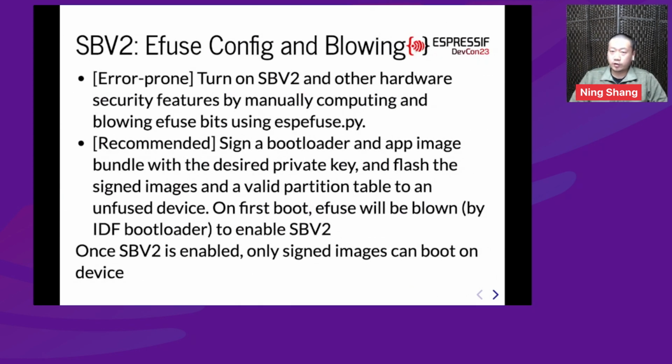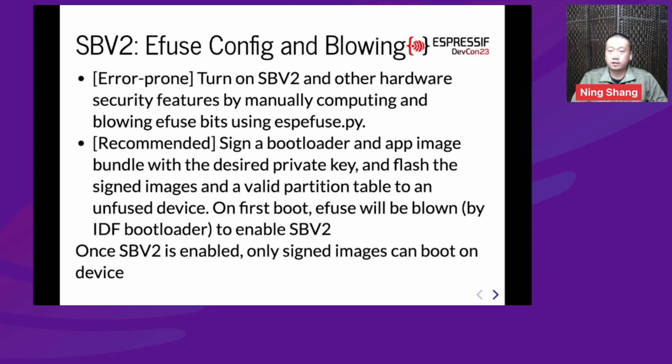In order to enable secure boot on the ESP32 device, we need to burn eFuses. We need to know which eFuses to burn. There are at least two ways of doing this. The first way is not the recommended way.